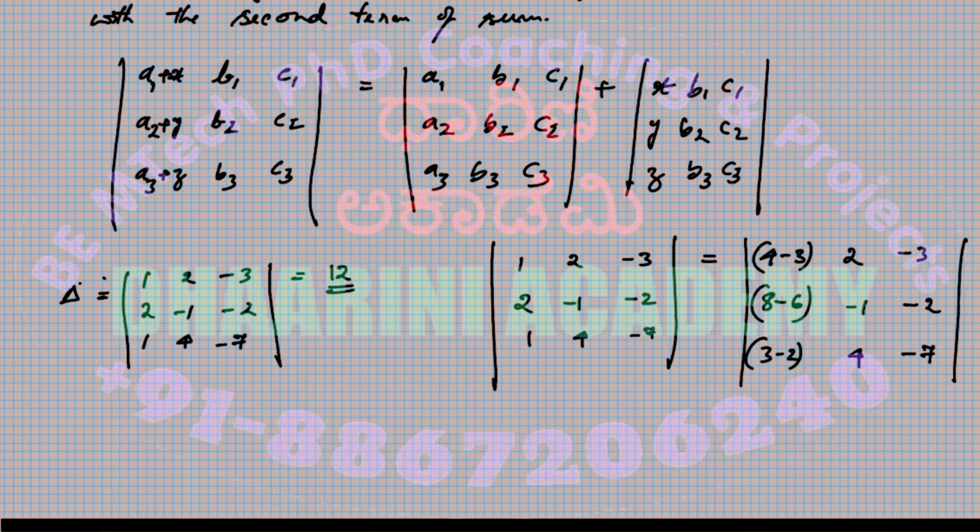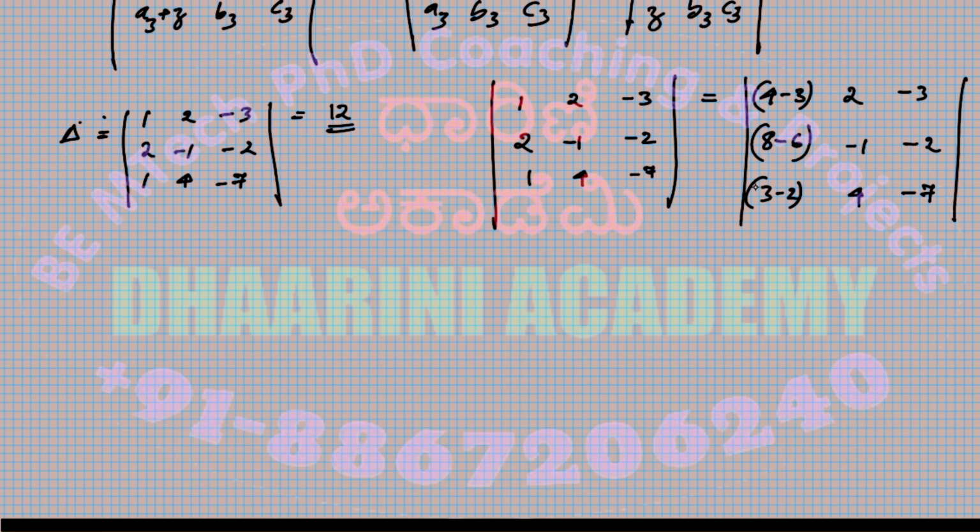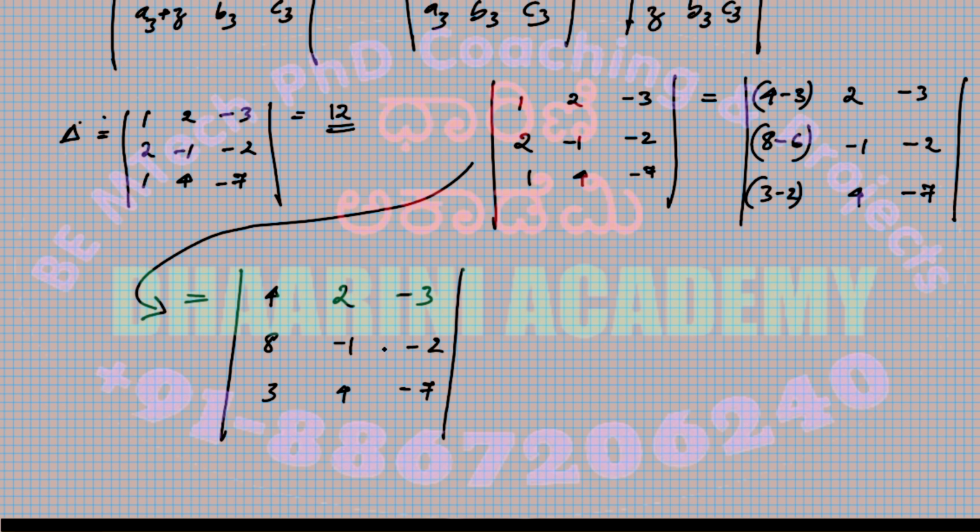But I need to find out something, so I will split this. This is equal to the same thing: I should be able to write 4, 2, minus 3, 8, minus 1, minus 2, 3, 4, minus 7. This is the first half.